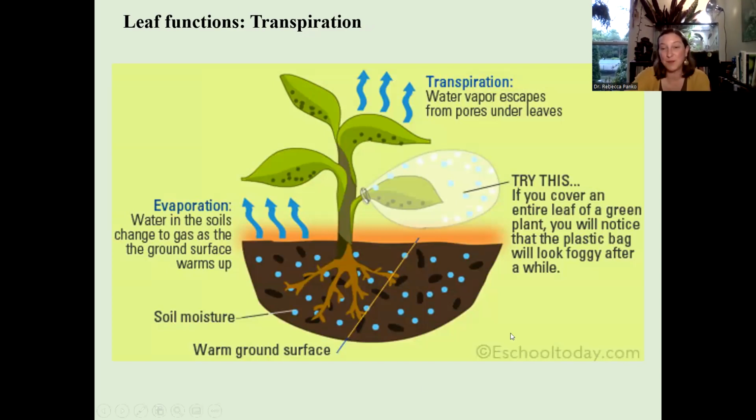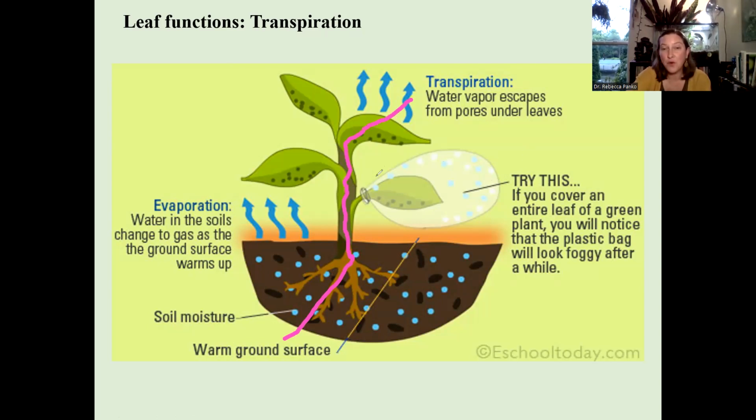So this is something you could even try at home if you don't believe me that plants are releasing water vapor. So as I said before, water is going into the roots. I guess black is not a good choice right here. Let's use pink. Water is going in through the roots, up through the stem, and eventually leaving the holes of the leaf via transpiration, right?